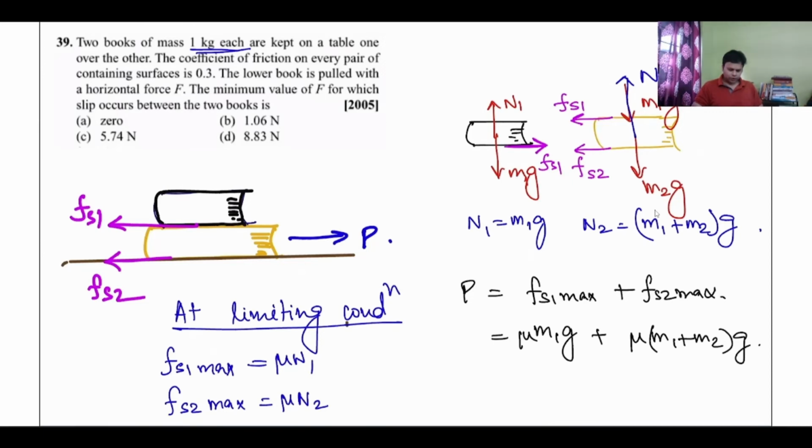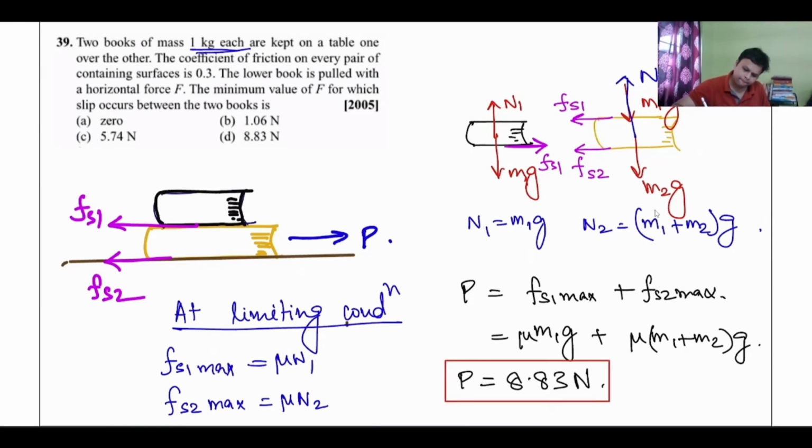It's coming out to be 8.829. So answer is P is equal to 8.829, which is 8.83. I hope it is clear to all of you.